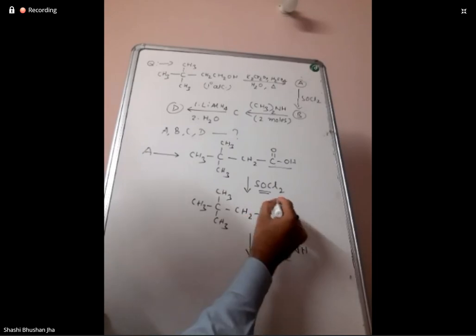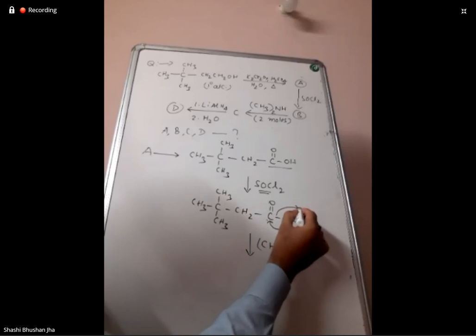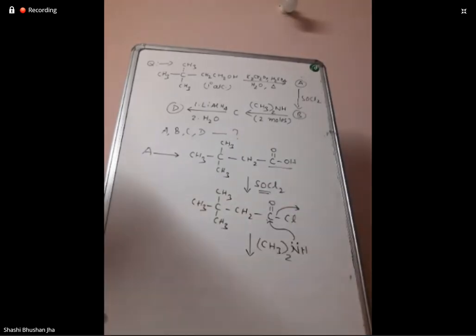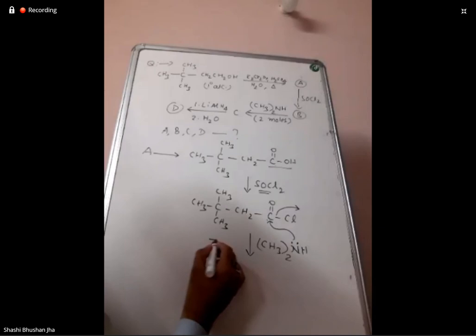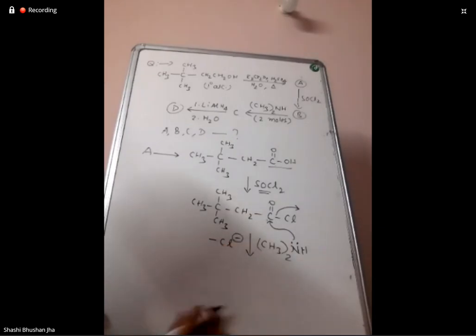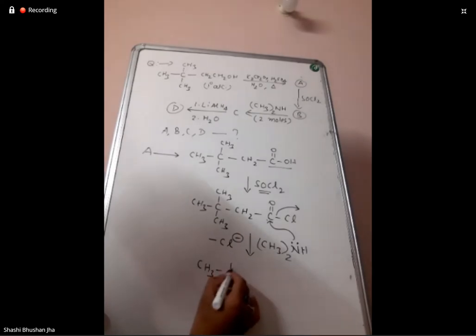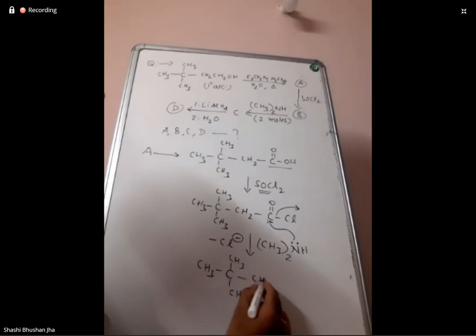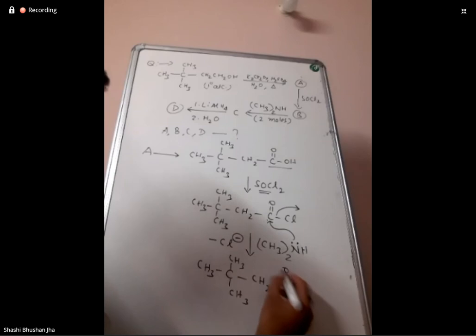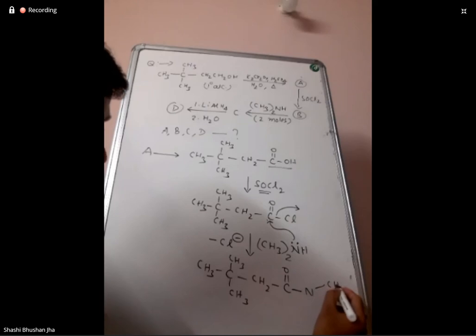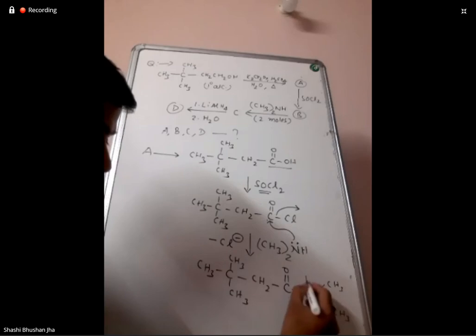That will come back, and then this chlorine will go out as leaving group. Positive charge will be there on nitrogen.